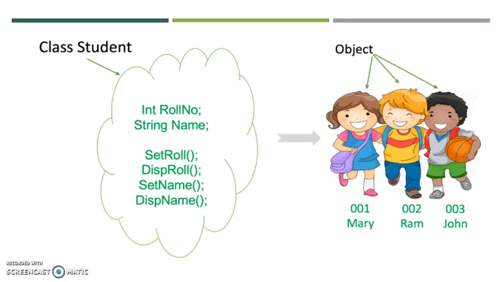These methods and attributes belong to an object. As you can see, we have created three objects of class student. For the first object, the roll number is set as 1 and the name is set as Mary. For Mary, I am setting the roll number, displaying the roll number, setting the name and displaying the name. The same is applicable to roll number 2, whose name is Ram, and roll number 3, whose name is John.